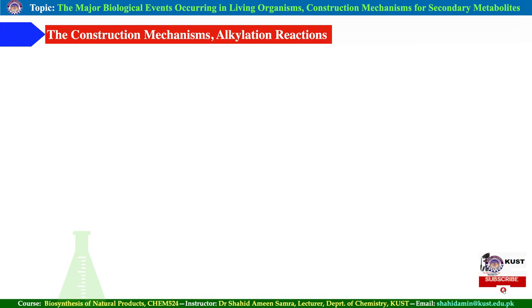First we discuss the alkylation reactions, how these reactions happen. Alkylation reactions are those reactions that involve the attachment of some alkyl group. This doesn't mean that this will be a simple alkyl group, like always a methyl, ethyl, or propyl group.